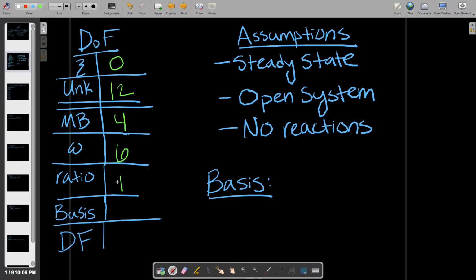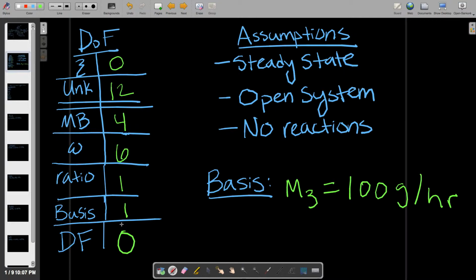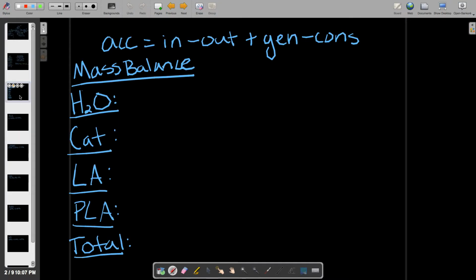And we'll go ahead and set a basis, which is M3 is equal to 100 grams per hour. And that gives us a degree of freedom of 0. So now Brittany is going to go ahead and show you how to do mass balance equations.